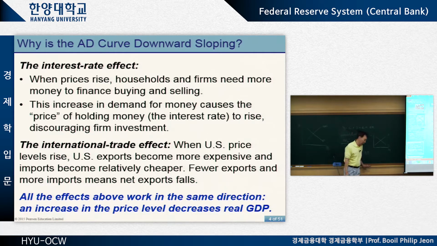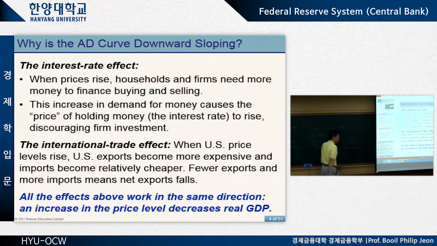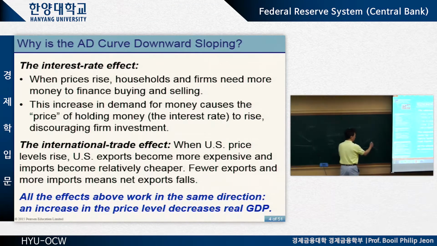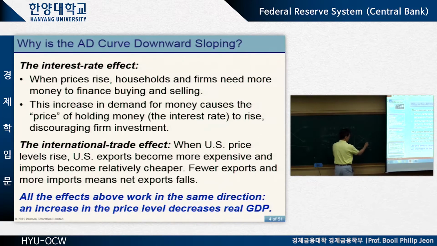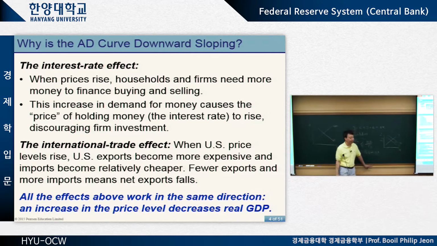All right. So if the price level rises, the amount of money that the businesses need to borrow will increase, right? So demand for loanable funds increases. And what happens? As a result, the market interest rate will increase. Okay?